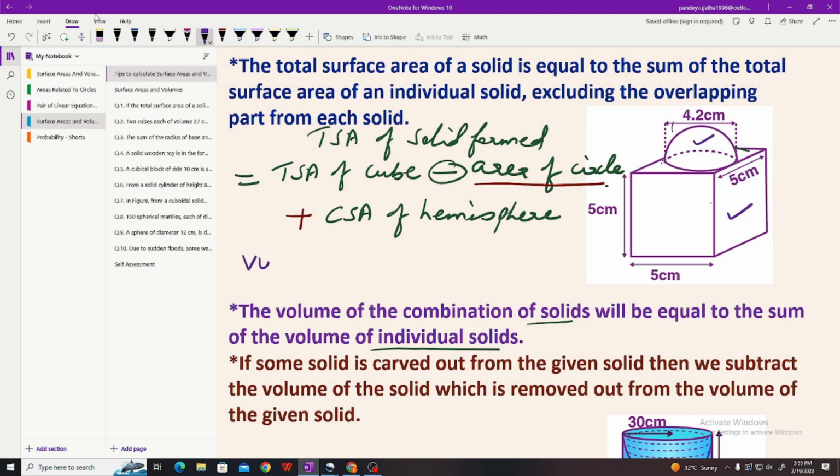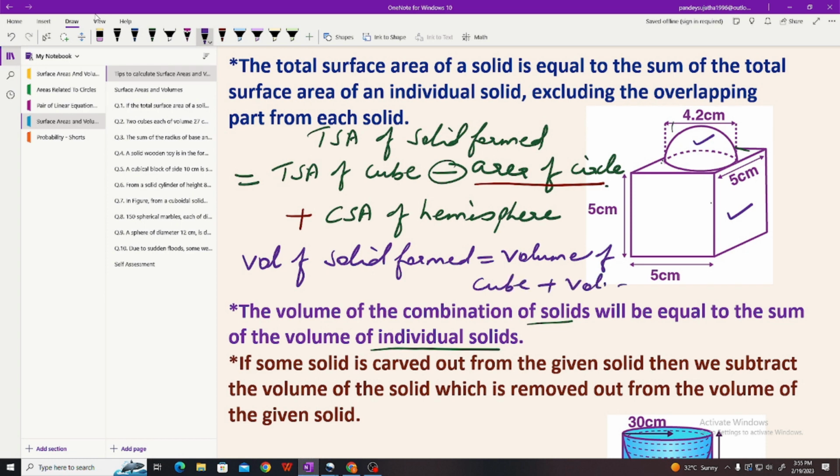So the volume of solid formed will be equal to volume of cube plus volume of hemisphere.